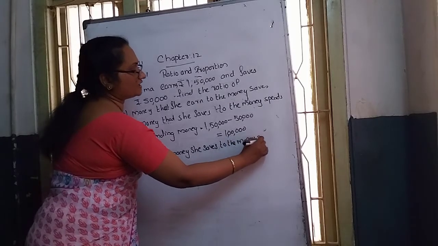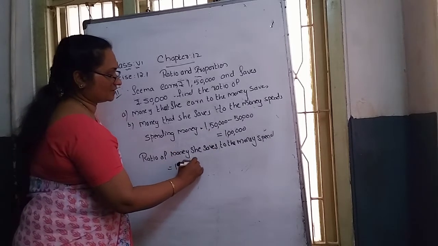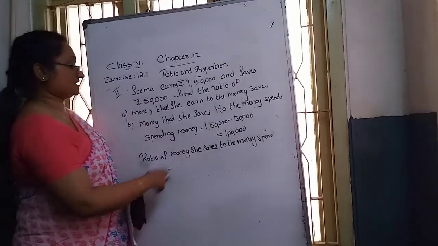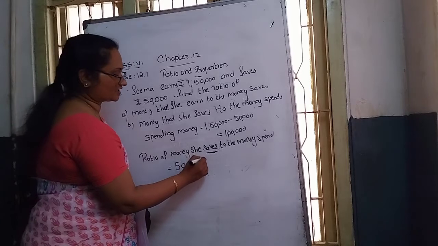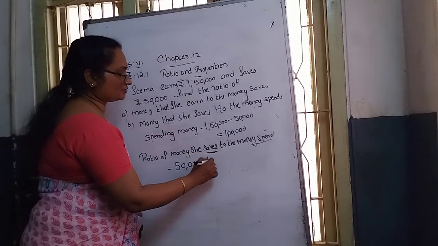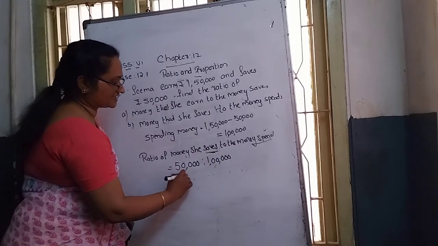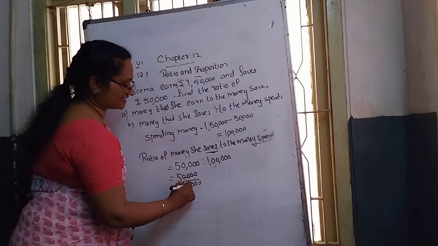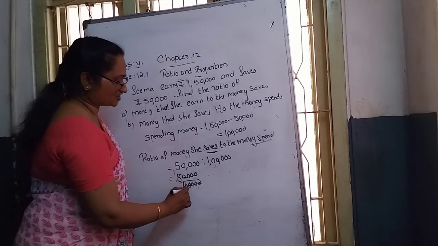The saving amount comes first, 50,000, then the colon. Secondly, the spending amount, 1 lakh. Then write it as a fraction and cancel. 4 zeros cancel on both sides. Then 5 ones are 5, 5 twos are 10.